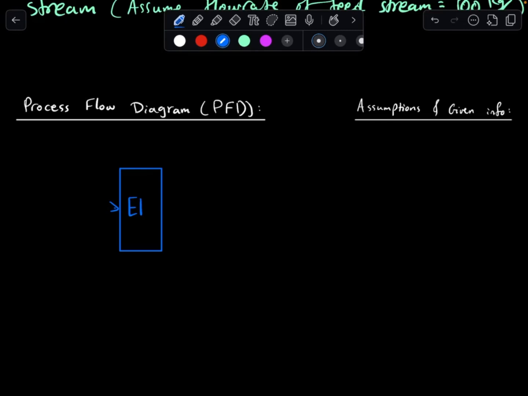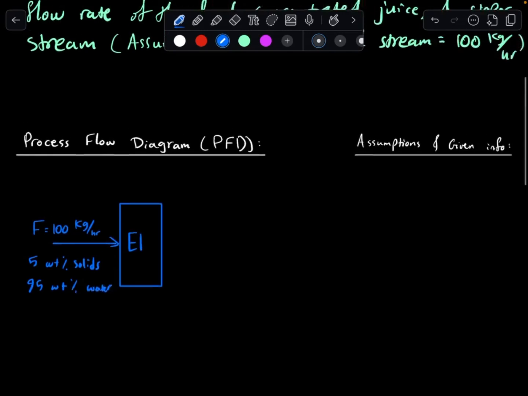The feed stream, the flow rate is 100 kilograms per hour. And this flow rate consists of 5 weight% solids and 95 weight% water. Coming out of the evaporator, you have two streams.